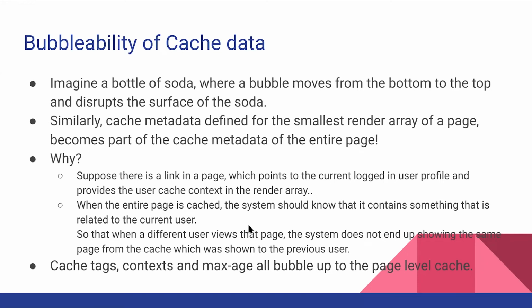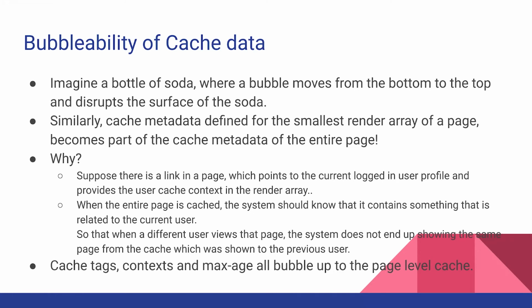The entire page should know the cacheability metadata of each of its blocks, or each of its content elements, because the page cache needs to get invalidated, and it won't get invalidated if it doesn't know what contents I am displaying.